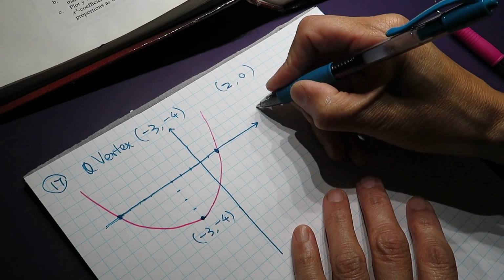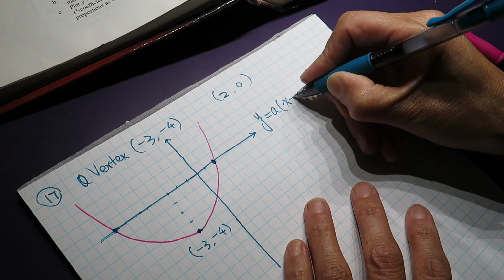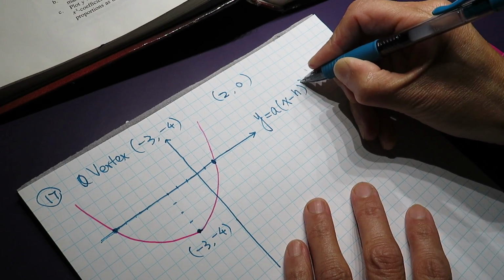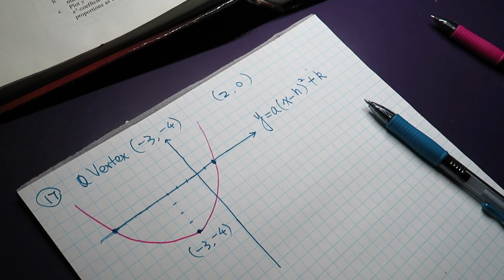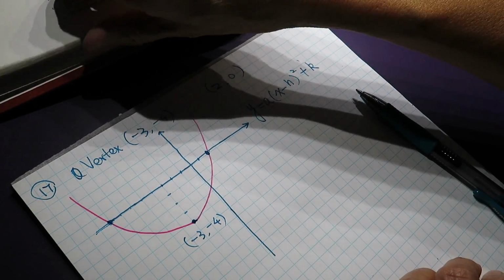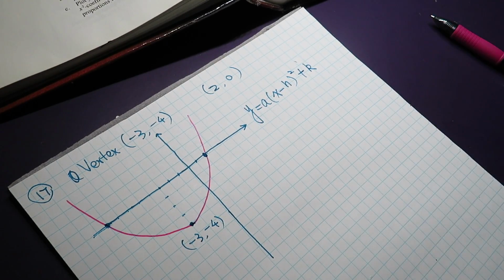Let's do it. Y equal a times (x minus h) square plus k. HK or KH, did I get it confused? Anyway, these are all artificial numbers you plug in.